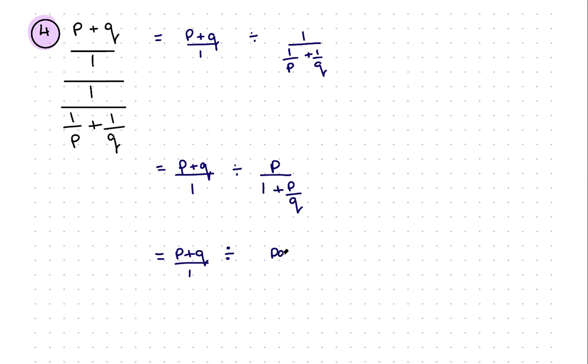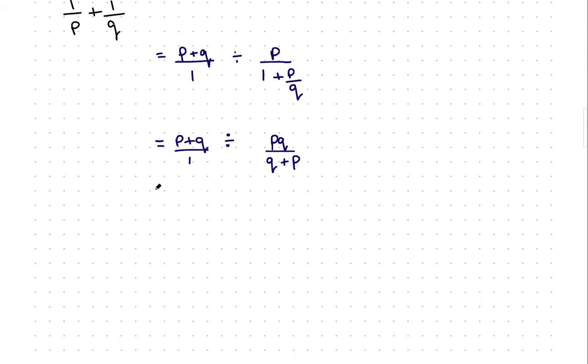So I'm multiplying the top and the bottom, because I don't want to change the value of the fraction. And then what I'm going to have here is q plus p on the bottom, right? Just multiply that by q, and that by q. Everything within the fraction by q. And what that gives me then is p plus q all over 1.